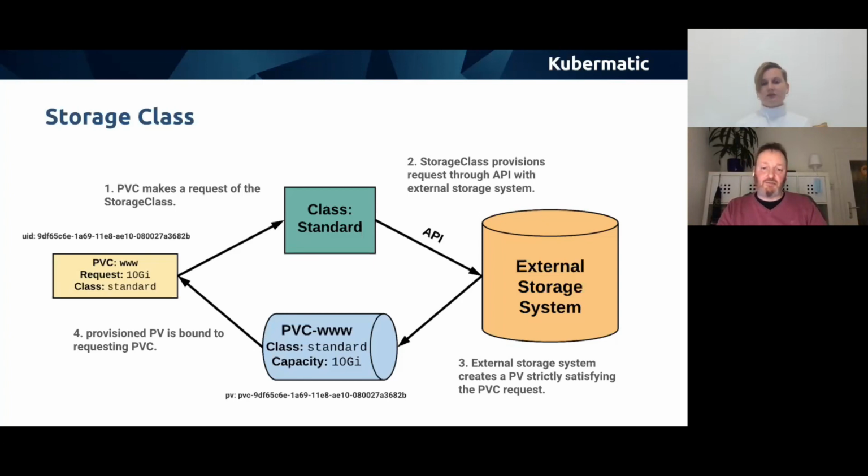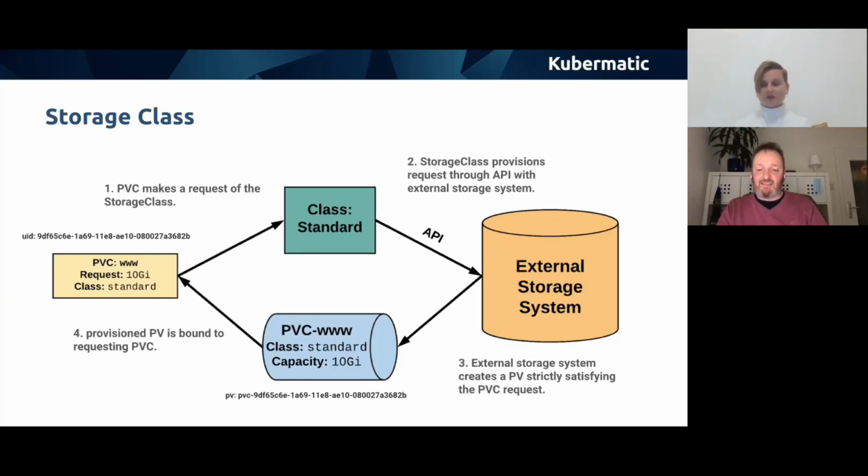The storage class uses its API to talk to the external storage system and to say, here, for example, I need, with this class standard, I need 10 gigabytes. And in this case, you get exactly 10 gigabytes, because then this volume with exactly 10 gigabytes is provisioned on the external storage system.